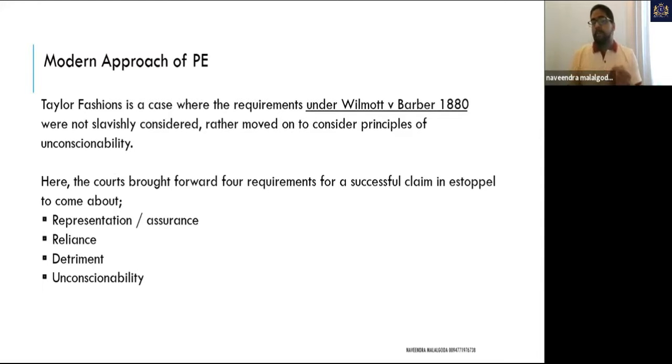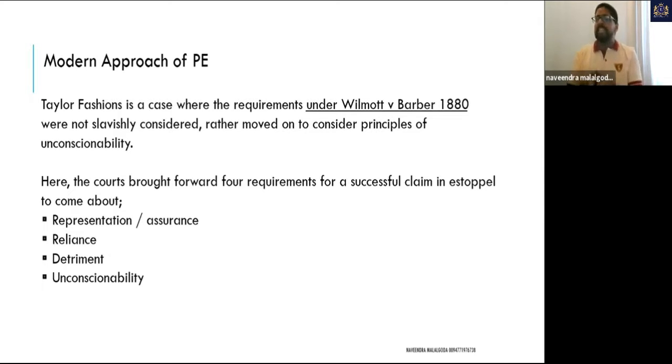In order for an estoppel to arise, there should be a representation. That representation must be considered and relied upon. That reliance is what causes a detriment to be suffered by an individual. And if there is a representation, if there is reliance and detriment, there is a possibility that estoppel would arise, but only if it was unconscionable. So as you can see, these are very much interlinked.